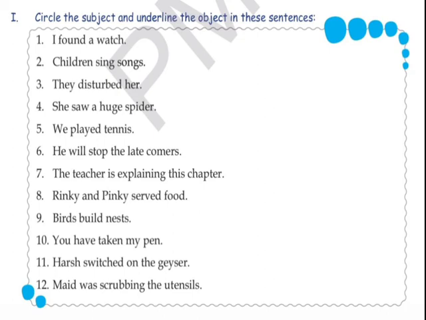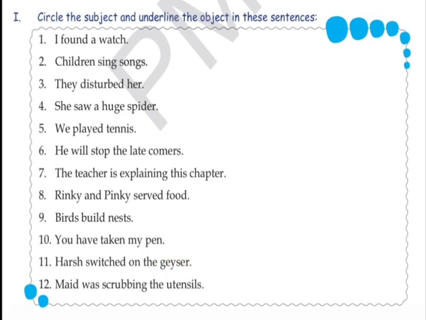You is subject and my pen is object. Harsh switched on the geyser. Harsh is subject here, and the geyser is object. Now, the last one, number 12, which says maid was scrubbing the utensils. So, maid is subject here, and the utensils is object.